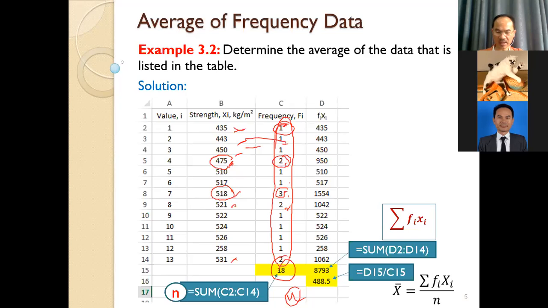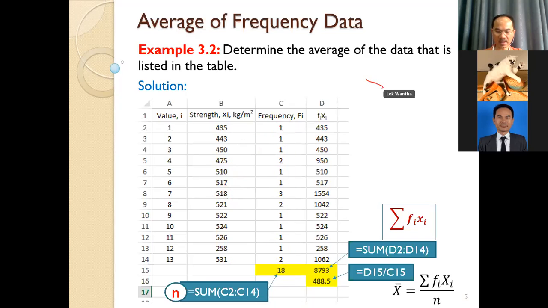Okay, from the formula, you calculate the average for this case. The average x bar equals the summation of fi xi, i equal to 1 until n, divided by n. For fi, this is fi.